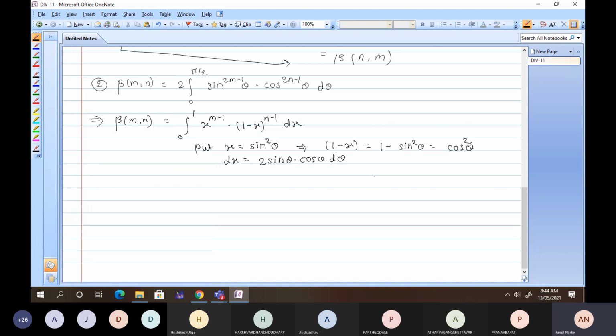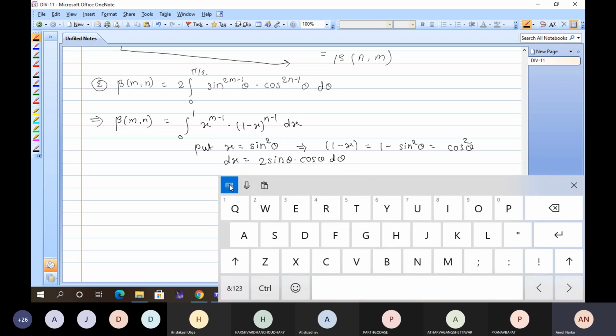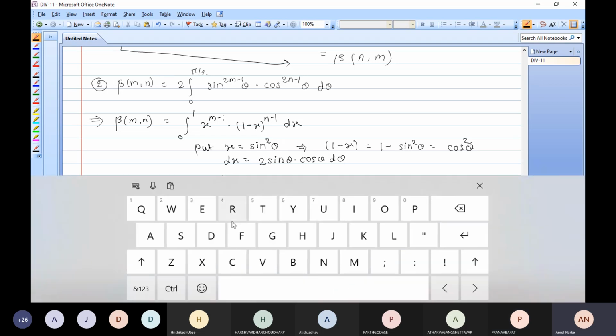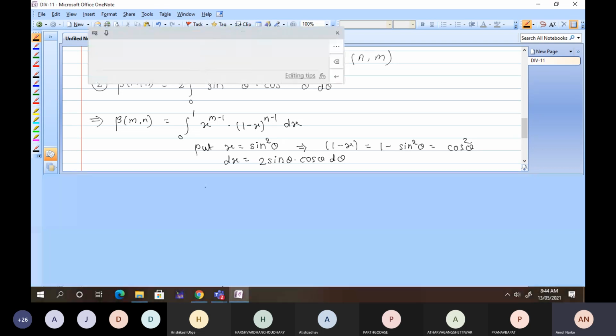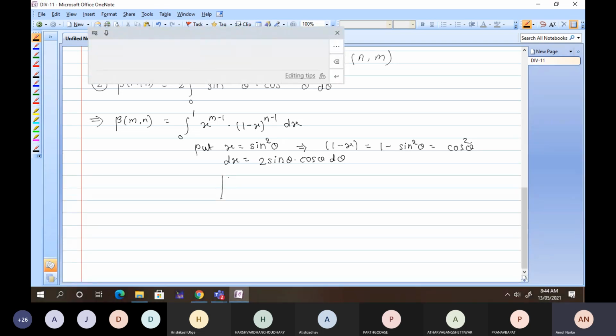Now what is next? You need to check the table of limits. So see the table now.